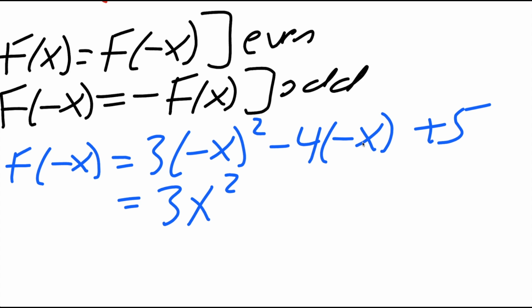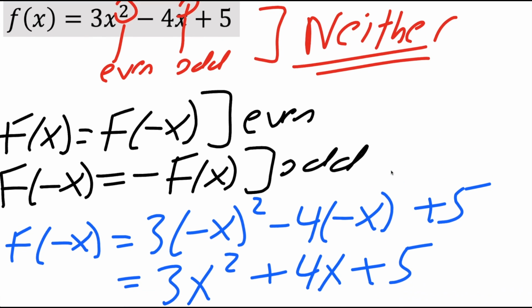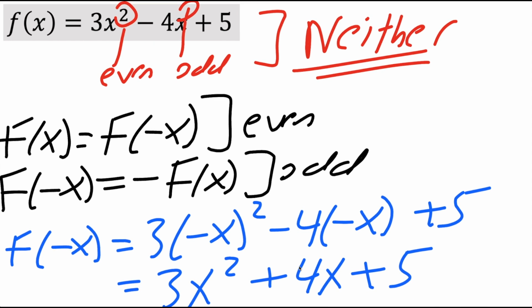Negative 4 times negative x is positive 4x, and that's a positive 5. And let's see, does it match? It does not match, because this piece is a negative and this piece is a positive. Again, think about this. Using the first method, we showed it was neither, and both of these pieces are even. So it makes sense that this piece and this piece were the same, but the odd piece is not going to match. So that does not work.